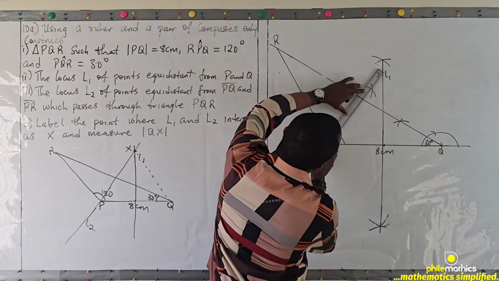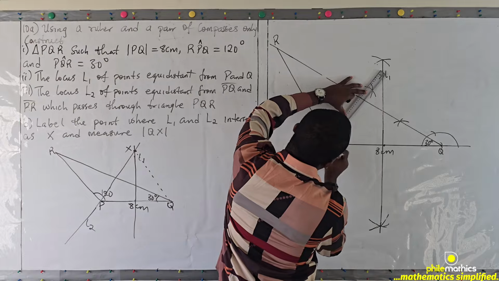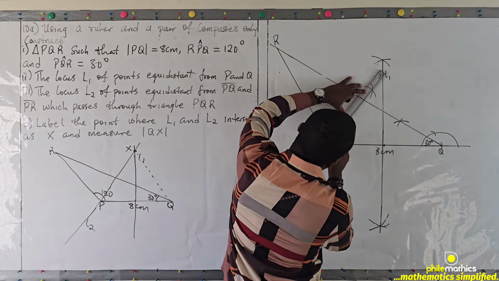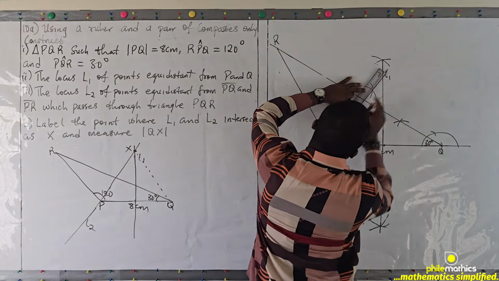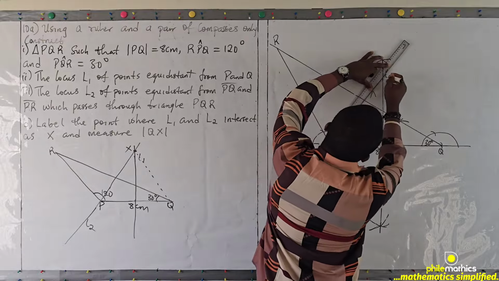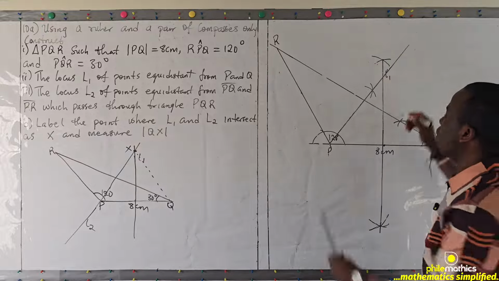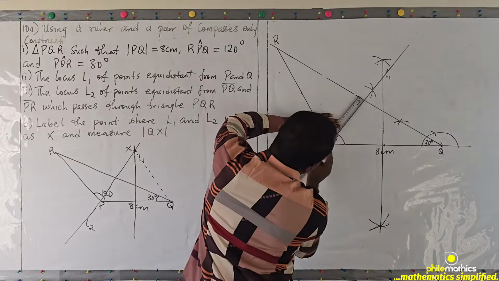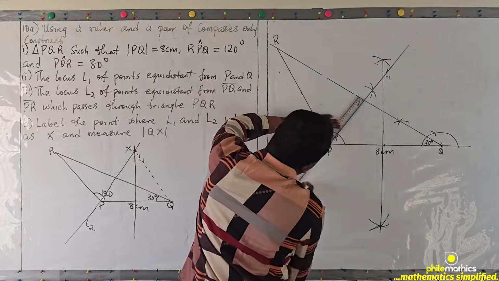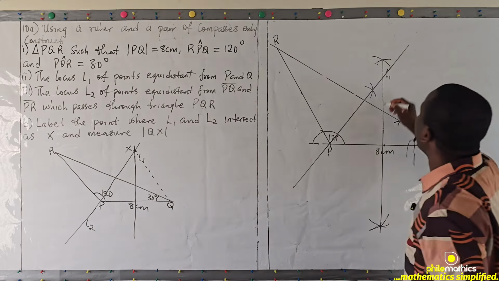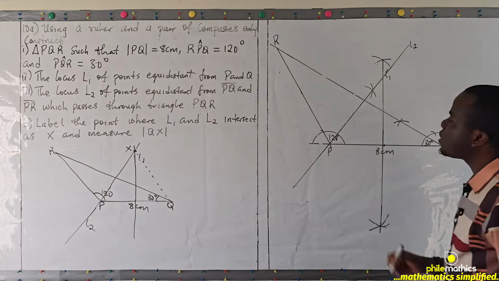This is how we bisect angle 120. We can stretch it out. This is our L2 of points.